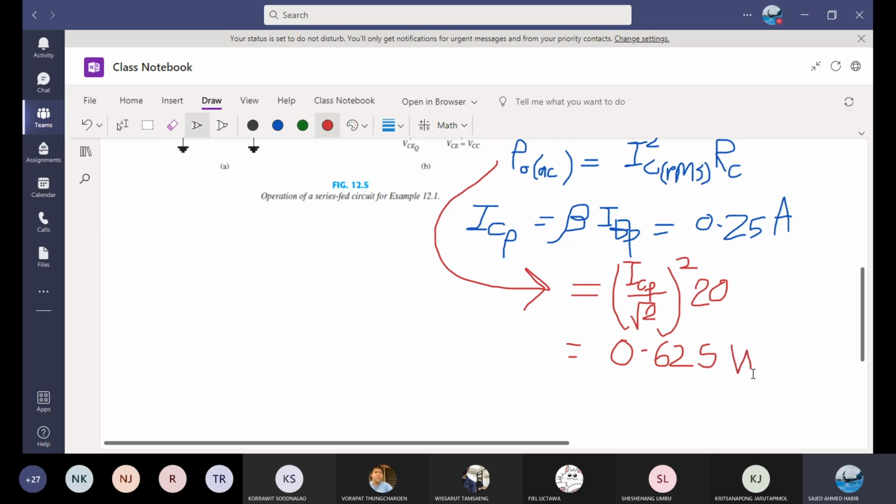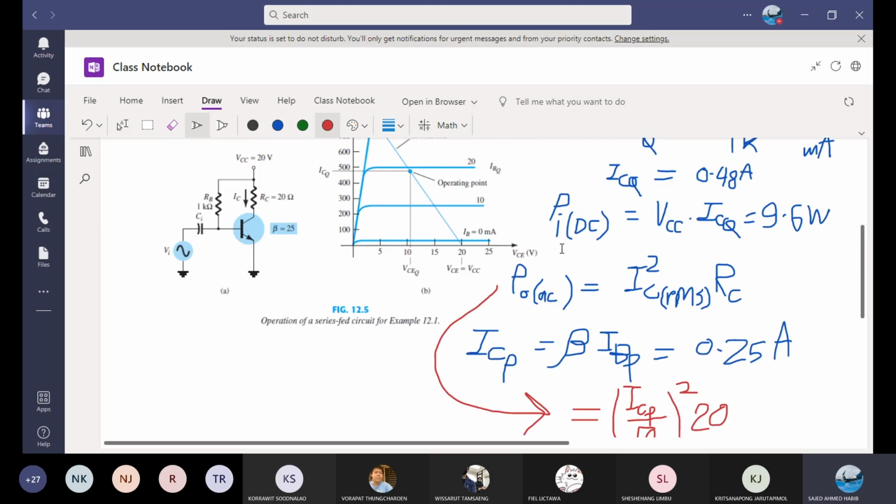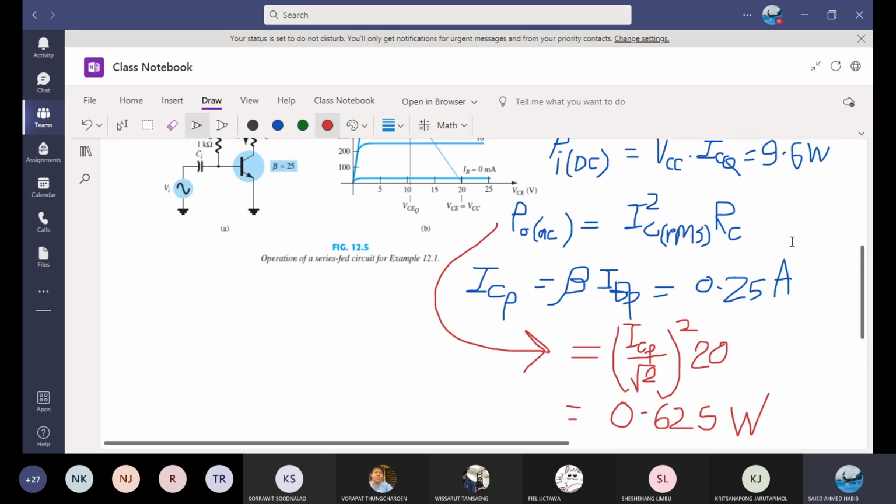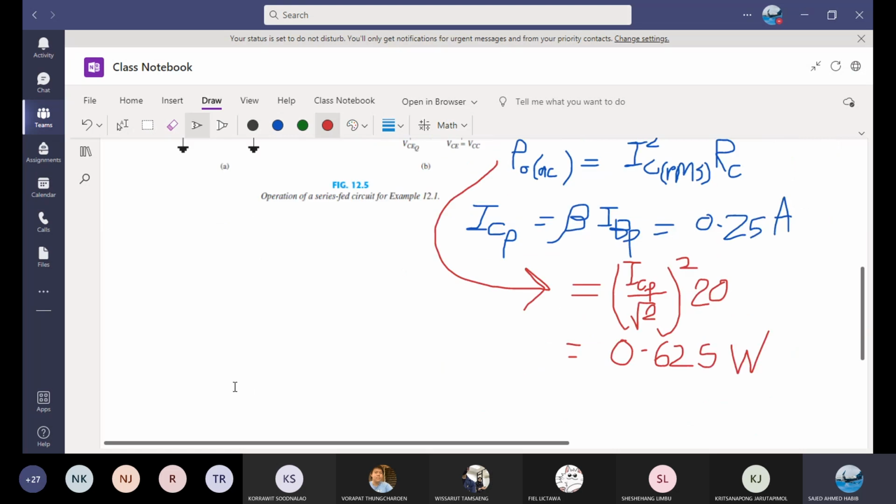Did everyone get this? So you have input 9.6, output is only 0.625 watt. What is the efficiency, in percent?